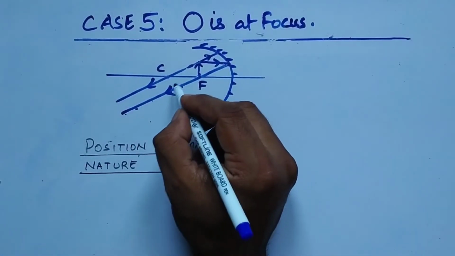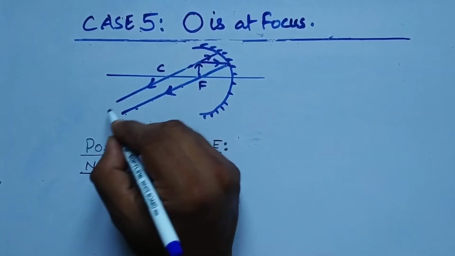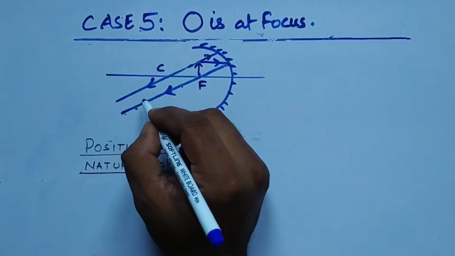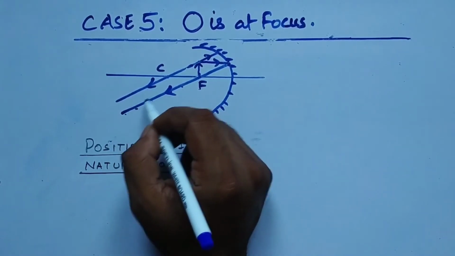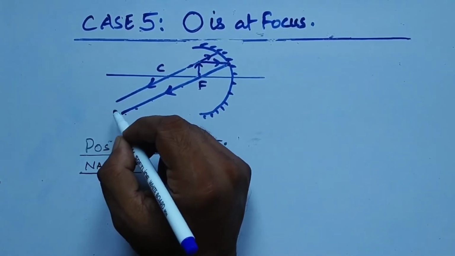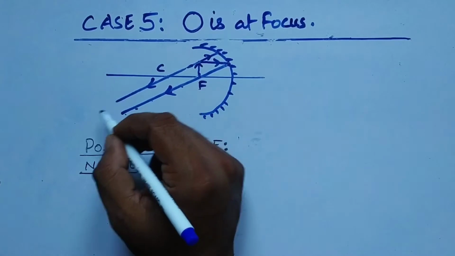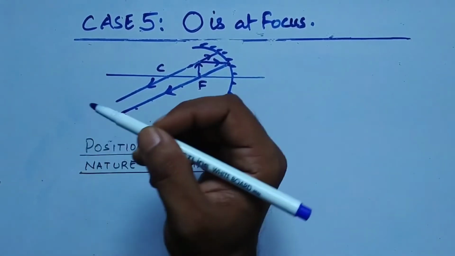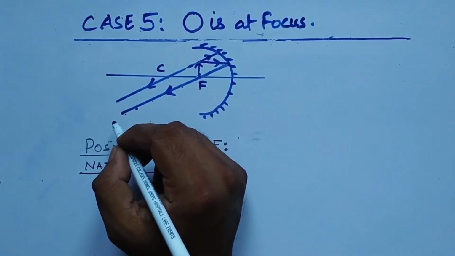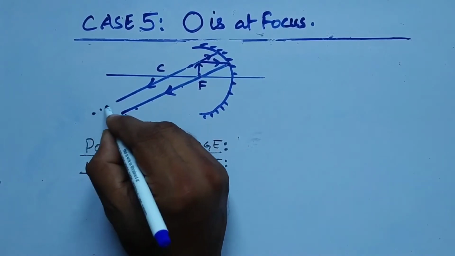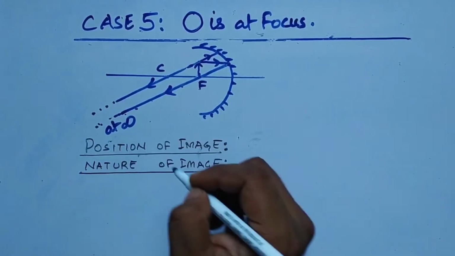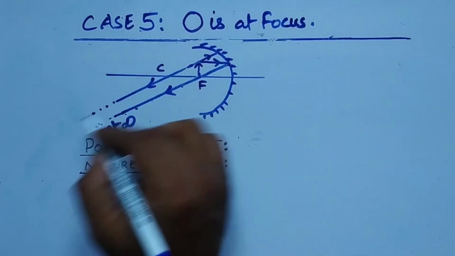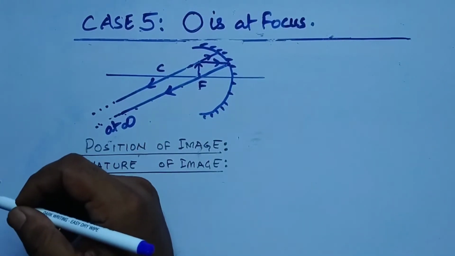You are seeing that both the rays are not meeting each other, but they are parallel to each other. When the rays are parallel, we say they are going to meet at a very, very far distance, that is at infinity. So the image will also be formed at infinity.